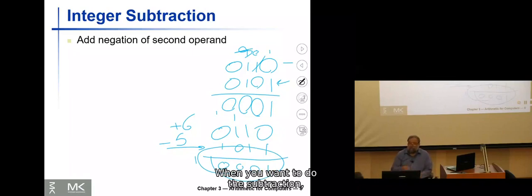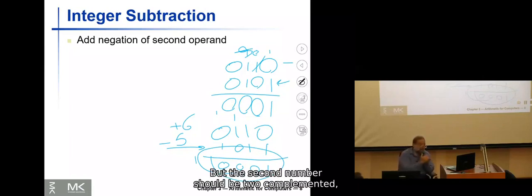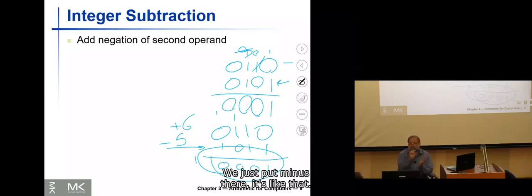So when you want to do the subtraction, it works with addition, but the second number should be two's complemented, negated. In decimal, we just put a minus there. It's like that, but we do it in two's complement representation.